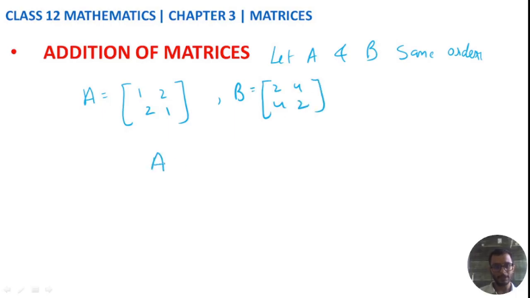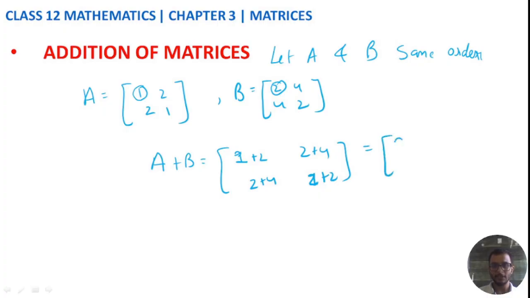Then A plus B is adding the corresponding elements, that is A11 plus B11, that is 1 plus 2, then 2 plus 4 here, then 2 plus 4 and 1 plus 2.